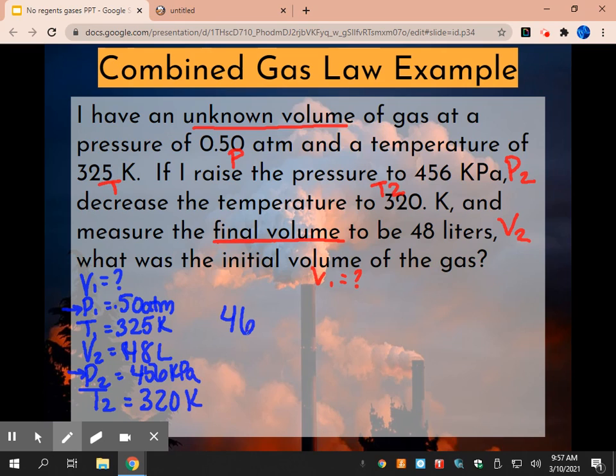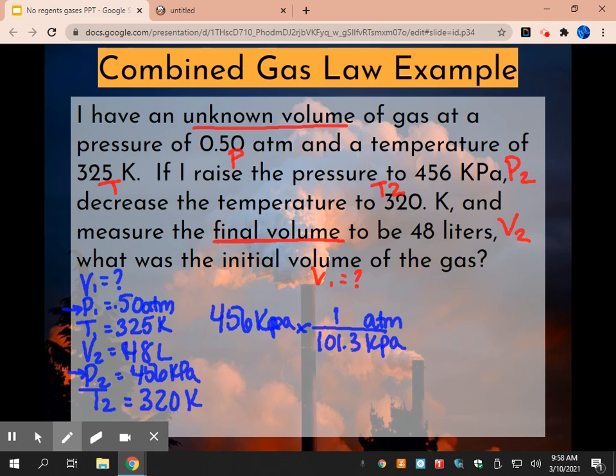So I've got 456 kPa. I want kPa to go on the bottom so it cancels out, and I want atm on the top. For every 1 atm, that's 101.3 kPa.